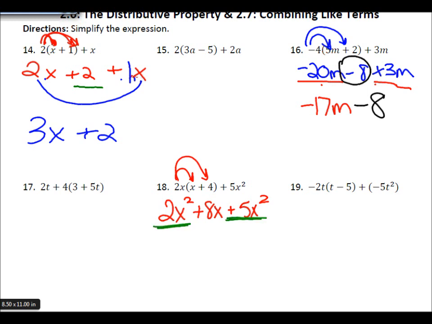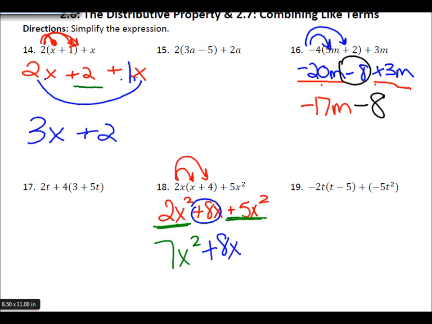And we're going to add those together. 2x squared plus 5x squared is 7x squared. Again, I'm not changing the exponent. 2 apples plus 5 apples is 7 apples. However, my 8x here does not have any other like terms, so we're going to leave it plus 8x.